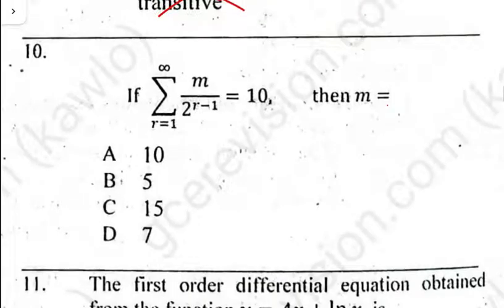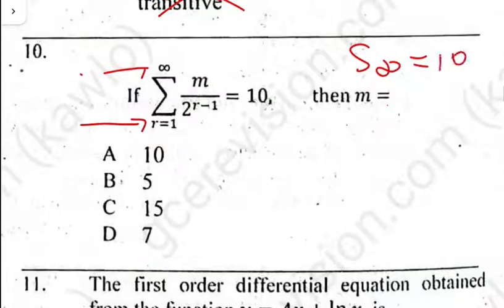Question 10. If the sum shown is equal to 10, then what's the value of M? The first thing we realize here is that the summation is from 1 to infinity. So this is actually the sum to infinity. The sum to infinity of this series is 10. So how do we get the sum to infinity? Beginning at r equals 1, when we substitute here to get the first term, we're going to have m.